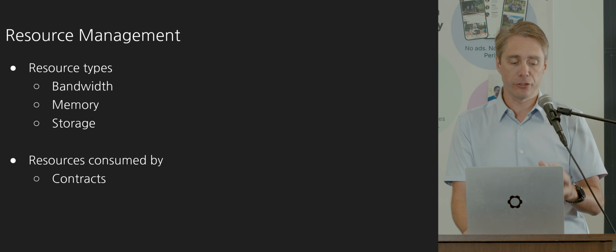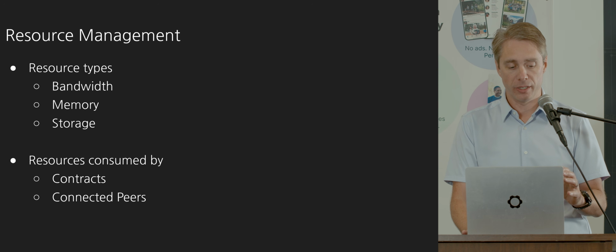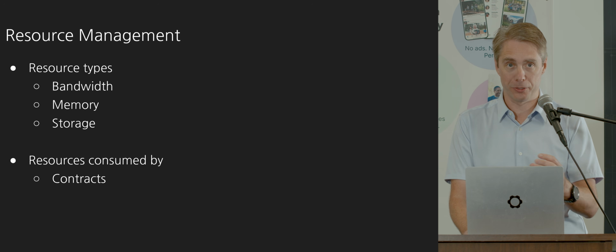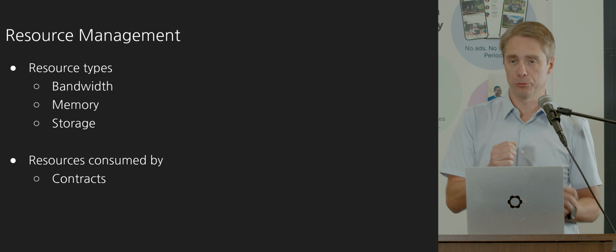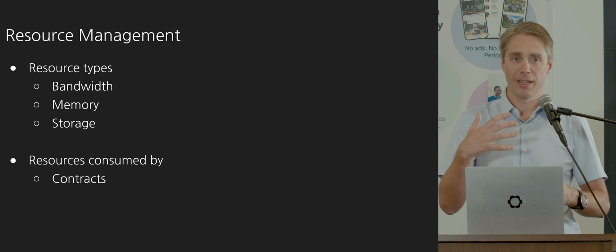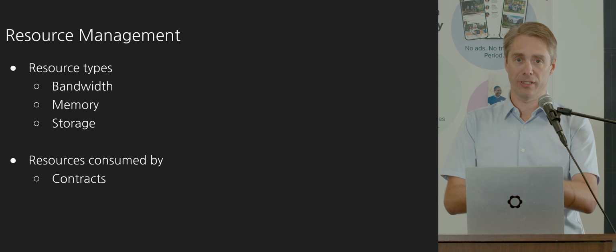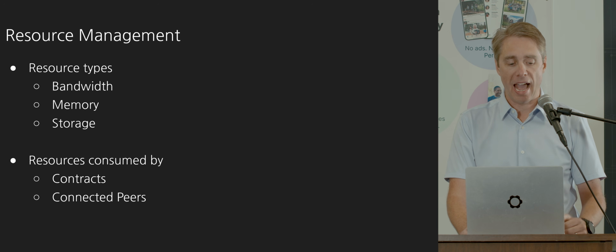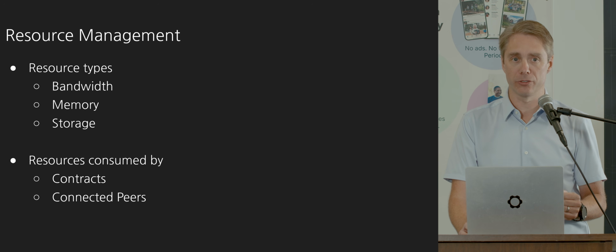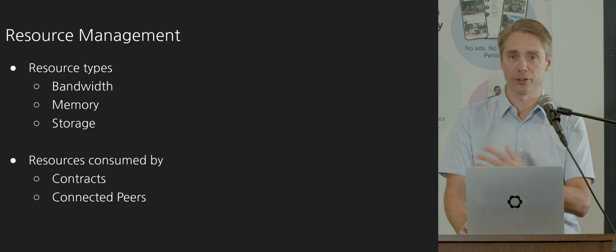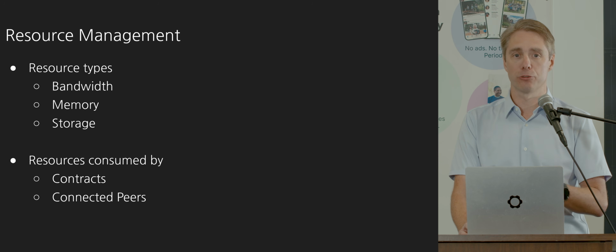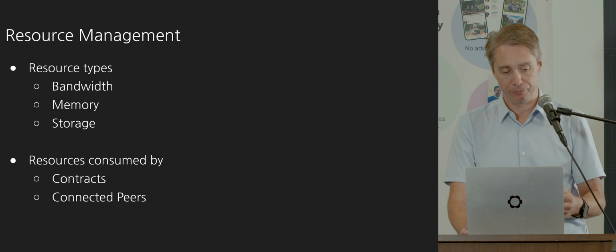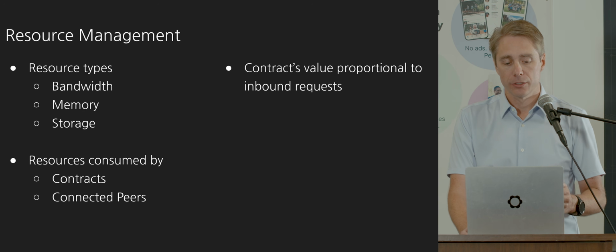There are really two things that consume resources. The first is contracts, which we were talking about, because a contract is receiving requests, sending responses, and also modifying the data associated with the contract. Then connected peers also consume resources because peers are constantly asking each other to retrieve information for them.